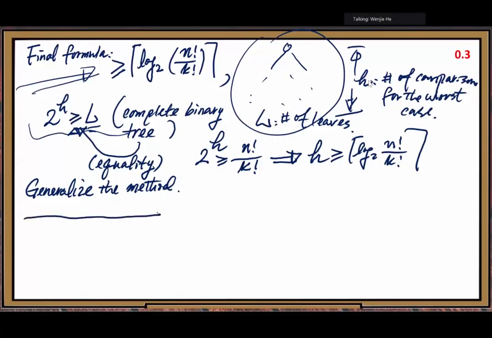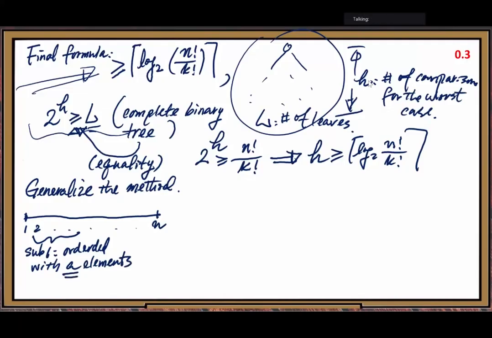Given an array, 1, 2, ..., n element array. Now our condition, the given data, is like this. The first portion, the first subarray, sub 1, is ordered with A elements, the size of the first subarray.